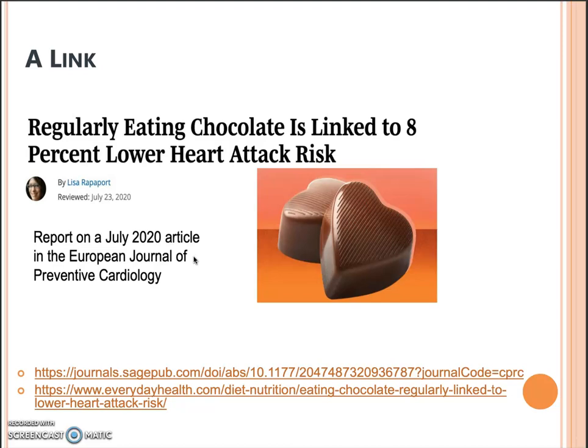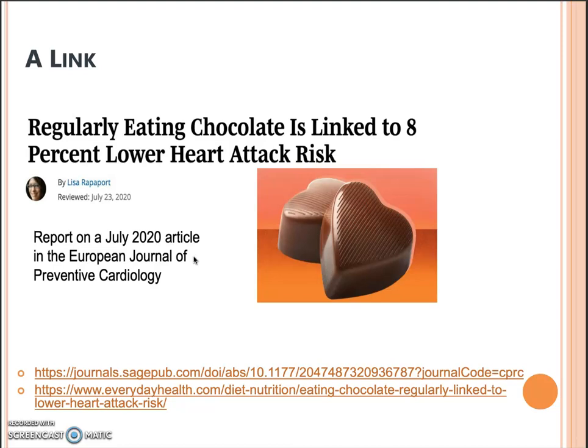This report is from adults in 3 different countries, including the United States, Sweden, and Australia. We have more than 300,000 adults who regularly eat chocolate. Then we find they have 8% lower heart attack risk.